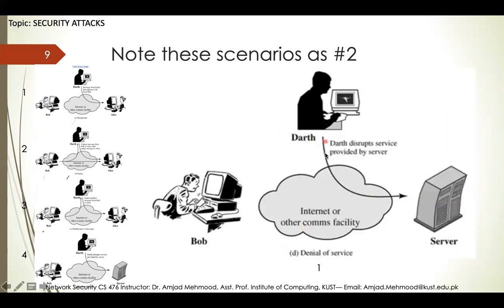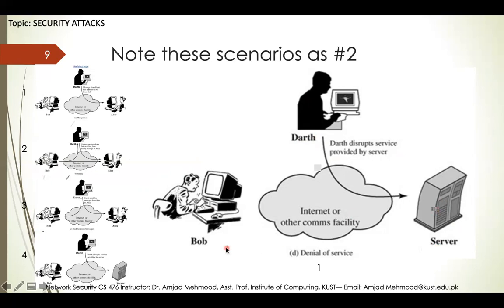Denial of service. Here you can see that Bob is a legitimate user, but Dart is sending something to the server so that it is keeping this server busy.